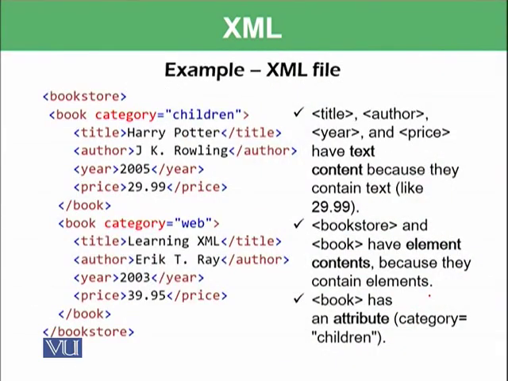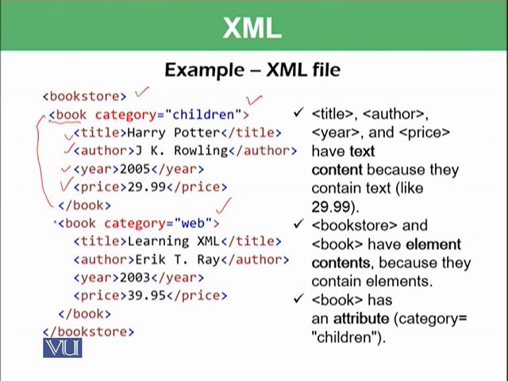So let's see the example. We have bookstore, and that bookstore has a book tag with a category children, and then for example there is another category web. In the book tag we have title, author, year and price, and this is the ending of one record of a book.